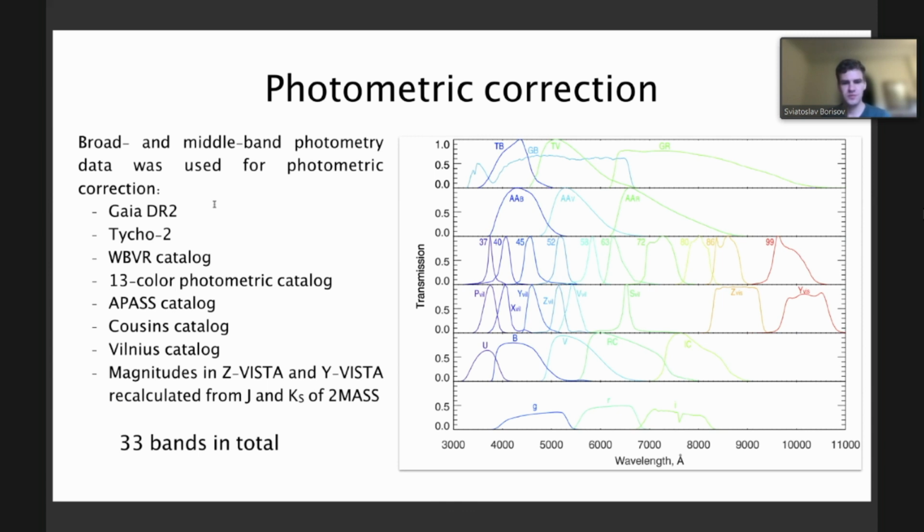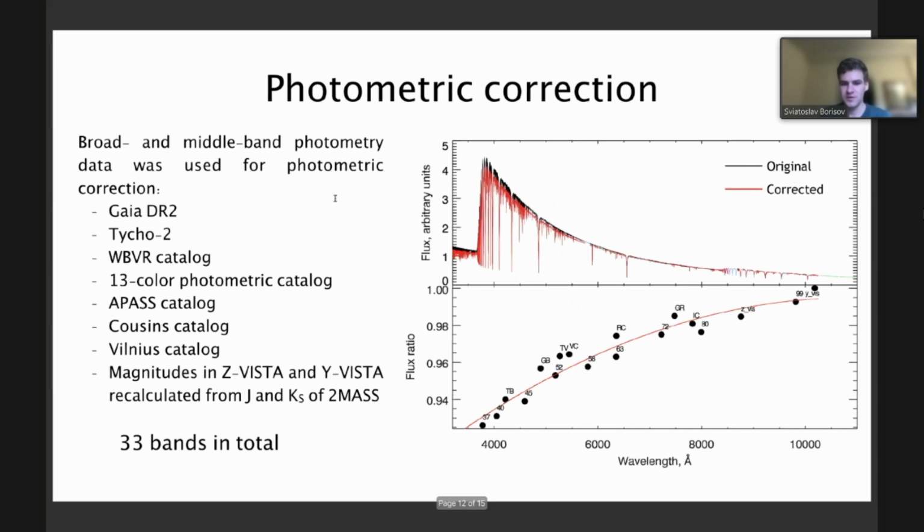And of course, we don't have 33 observations for all the stars, but we collected as many as possible. Here you can see an example of this correction. We just adjusted the spectra to the photometric spectral energy distribution.